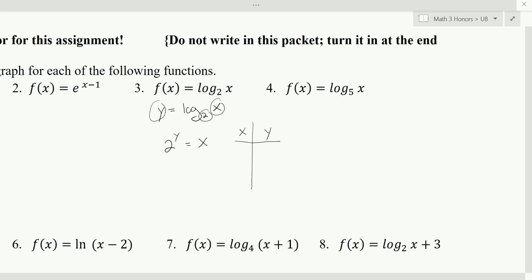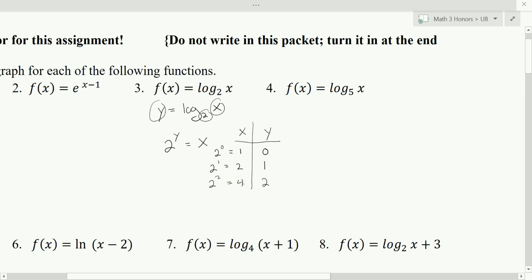So let's pick an easy y value, which would be 0, right? If we make our exponent 0, what would x equal? 2 to the power of 0, which is 1. If we make y equal to 1, then x would be 2 to the power of 1, which is 2. And if we make y equal to 2, then we're going to get x is equal to 4.